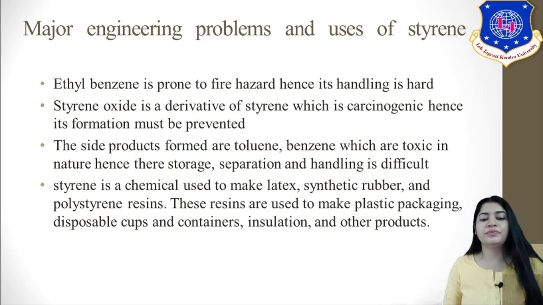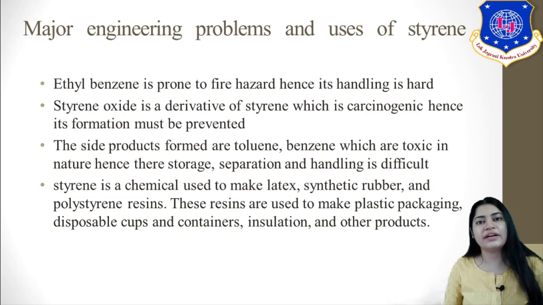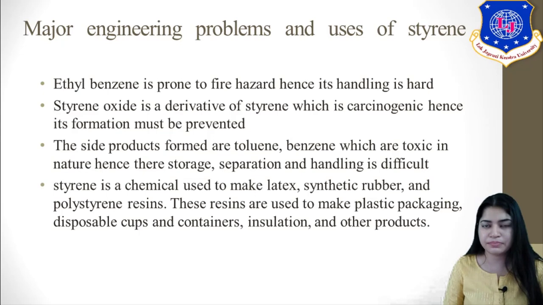First of all, ethyl benzene is prone to fire hazard, hence its handling is hard. It is a high boiling component, so it has the problem of fire hazard. Now, styrene oxide is a derivative of styrene which is carcinogenic, hence its formation must be prevented. Carcinogenic means it is responsible for cancer related problems.